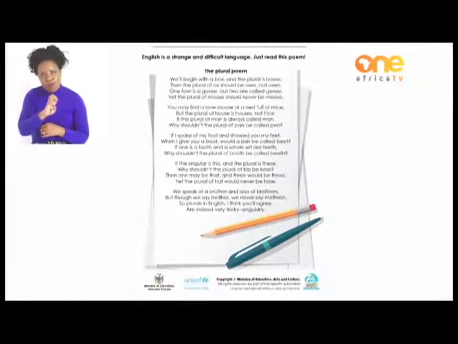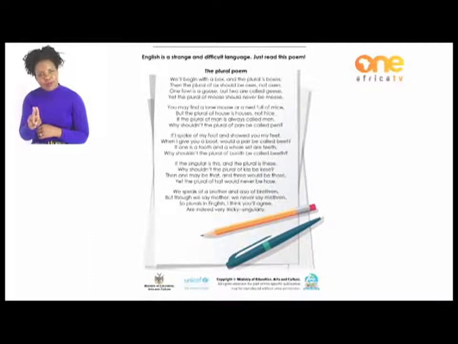Yet the plural of moose should never be meese. You may find a lone mouse or a nest full of mice, but the plural of house is houses, not hice. If the plural of man is always called men, why shouldn't the plural of pen be pen?